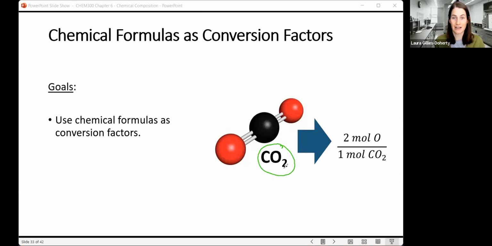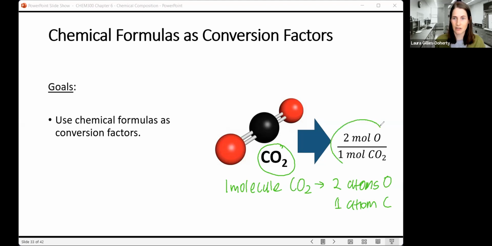So here we have carbon dioxide, CO2. Which means that for every one molecule of CO2, you have 2 atoms of oxygen and 1 atom of carbon. So we could take these ratios and turn them into conversion factors, just what's shown here.